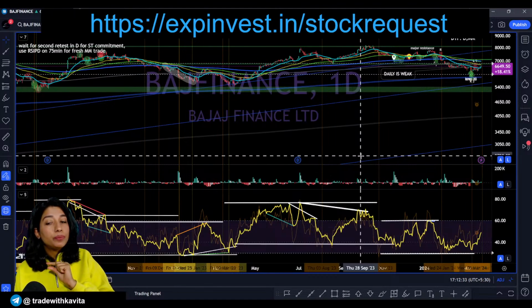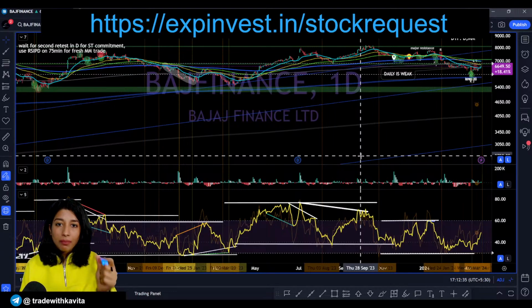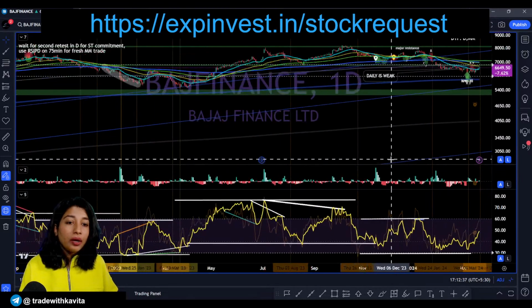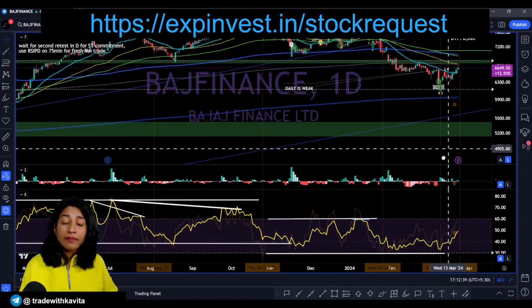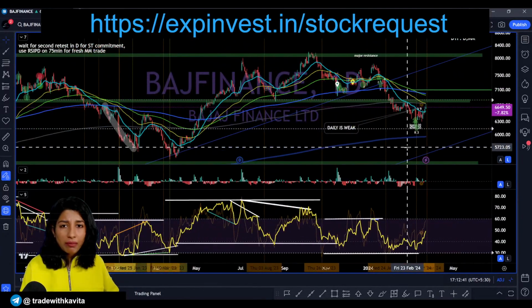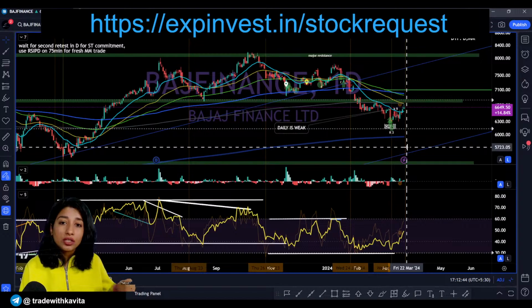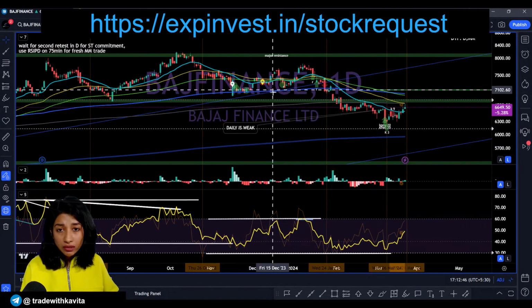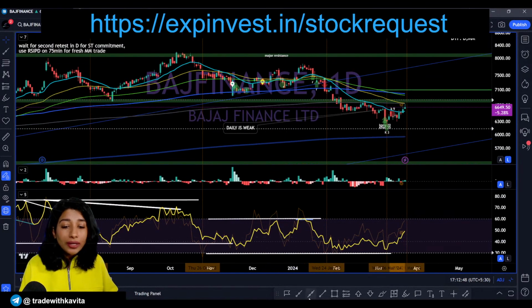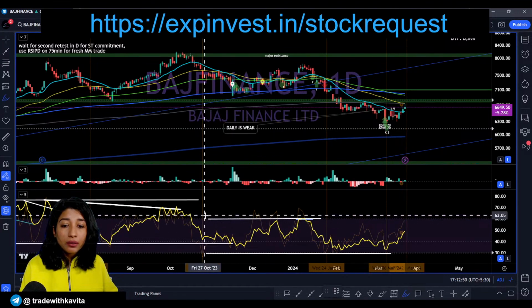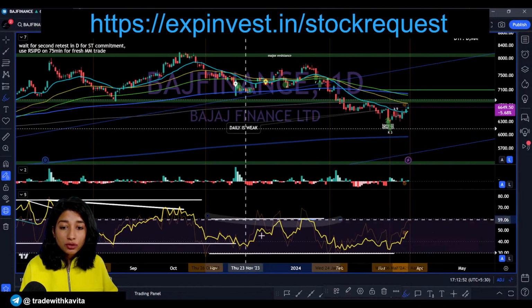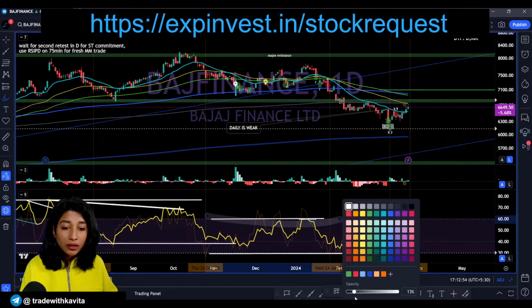Your stop loss revision mechanism has to be stronger. When you're entering a stock after a correction in a bear market, you have to seek additional confirmation. For instance, in this stock of Bajaj Finance, you can clearly see right now that the price is in a bearish range. So let me increase the brightness of that highlighting tool so that you can follow me better.